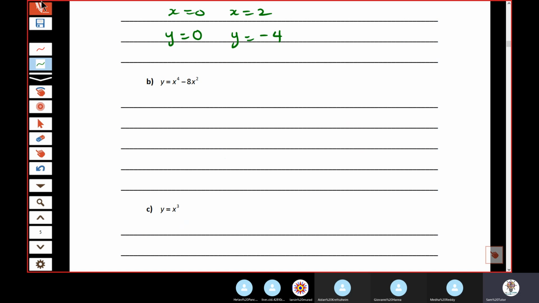All right, my turn. Let's see how we went. Find stationary points. Y dash equals 0 essentially, right? So y dash equals 4x cubed minus 16x. Eventually will equal 0. When I see this, I can factorize a 4 and an x out. X squared minus 4. What do you get for your x values?